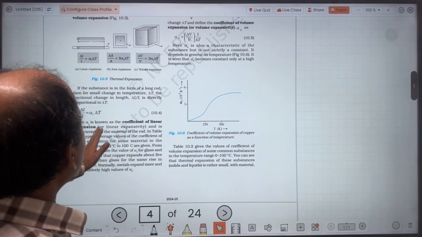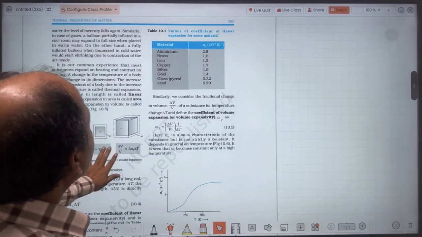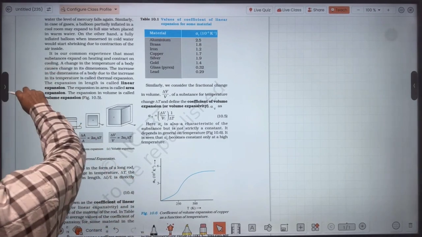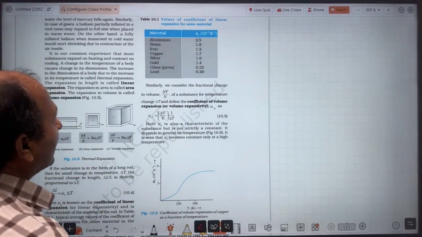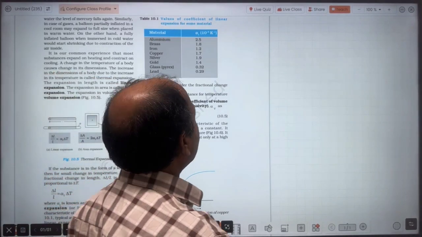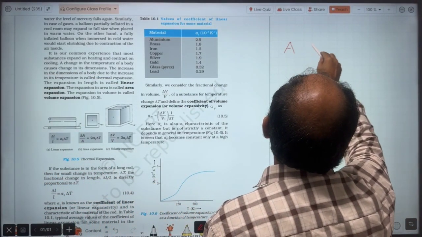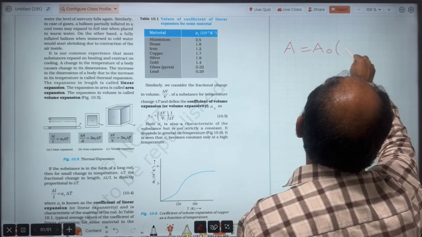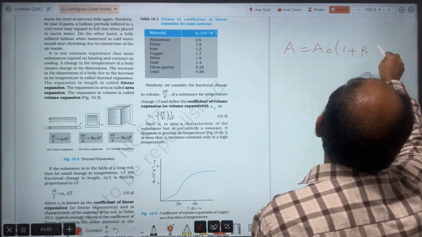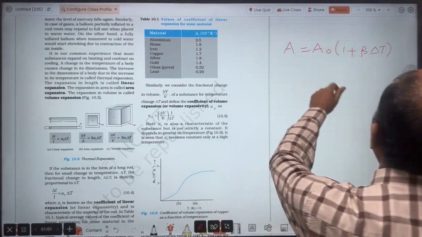Here same thing is given. Then we consider expansion in area, superficial expansion. The same thing is true. A equal to A0 (1 plus beta delta T), right?